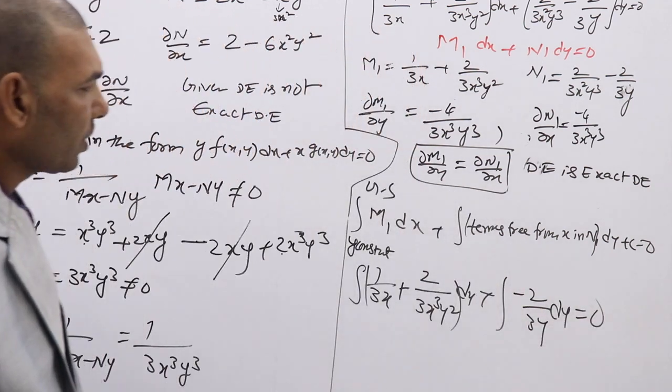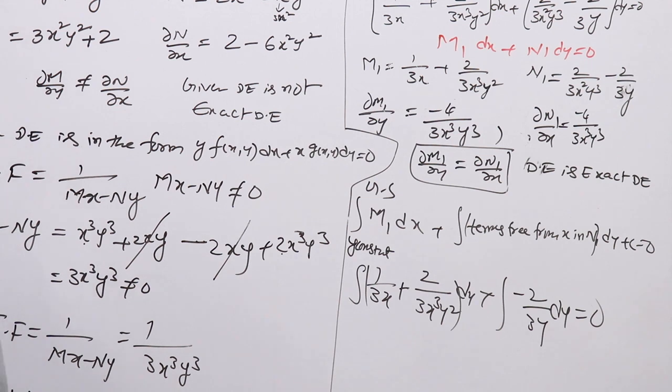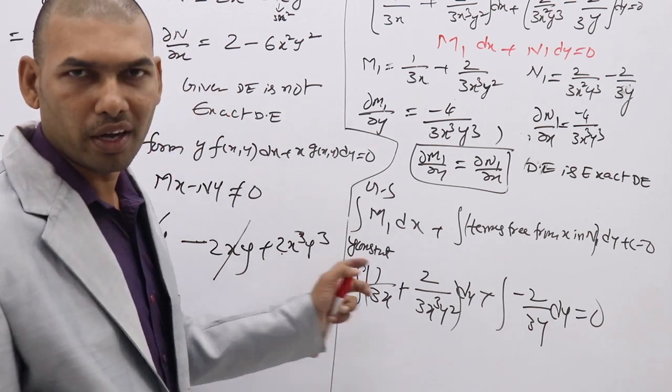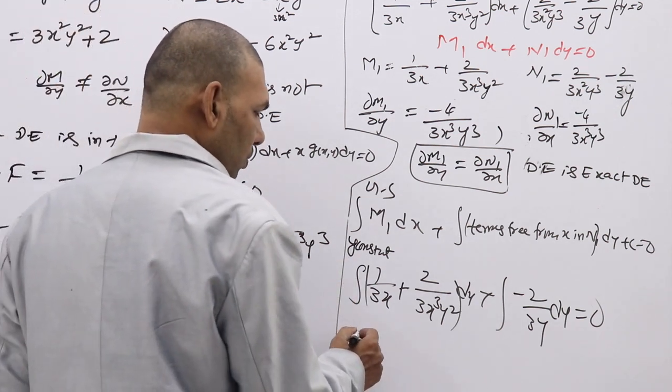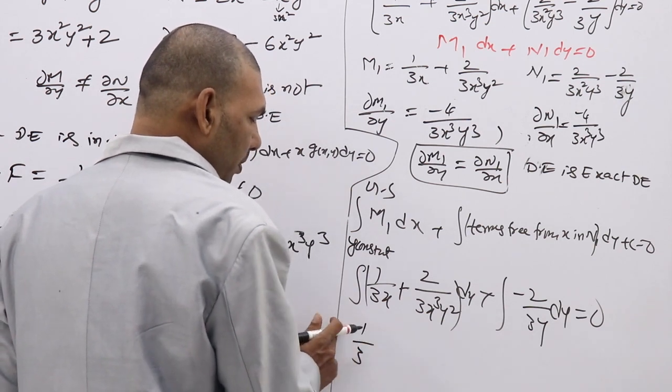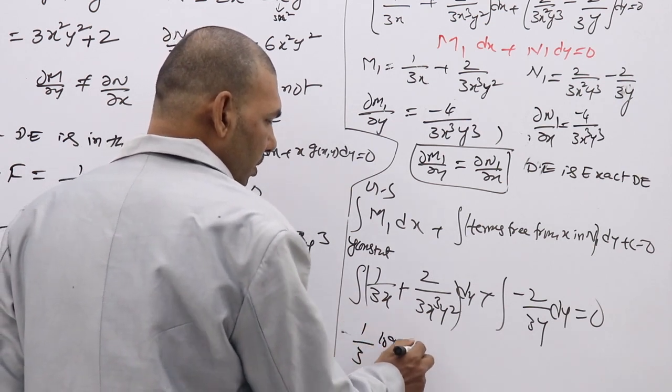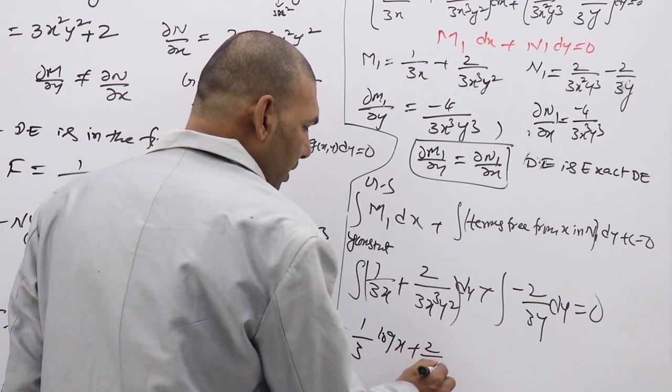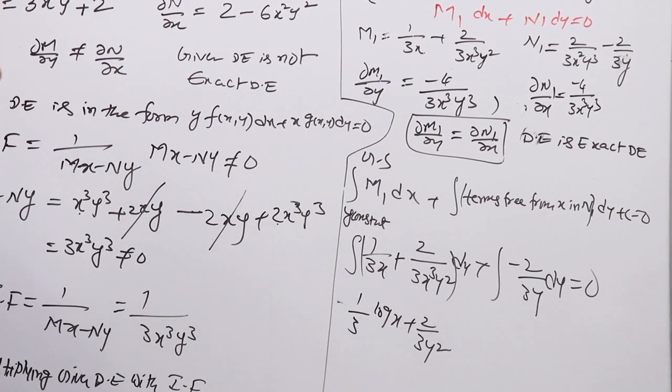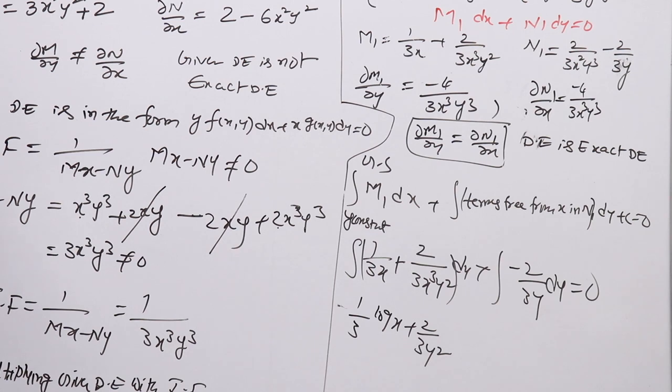Now integrate. Integral 1 by x we know is log x. So 1 by 3 log x plus, y constant, 2 by 3y square times the integral of 1 by x cube.